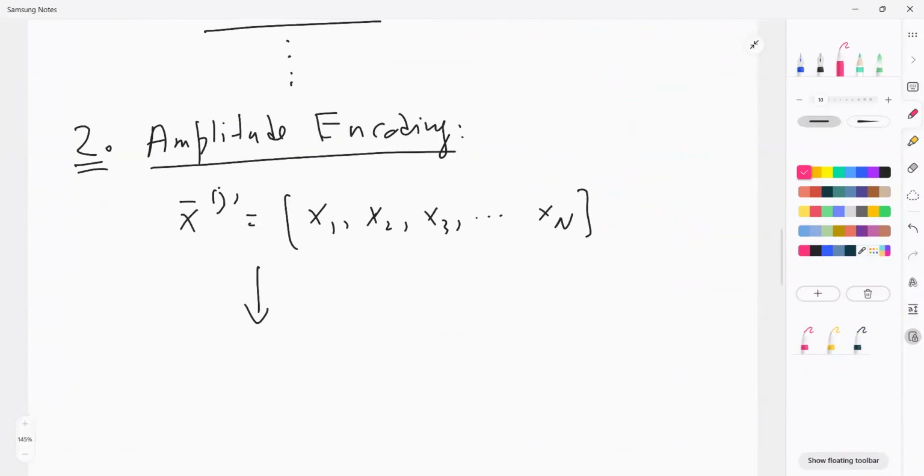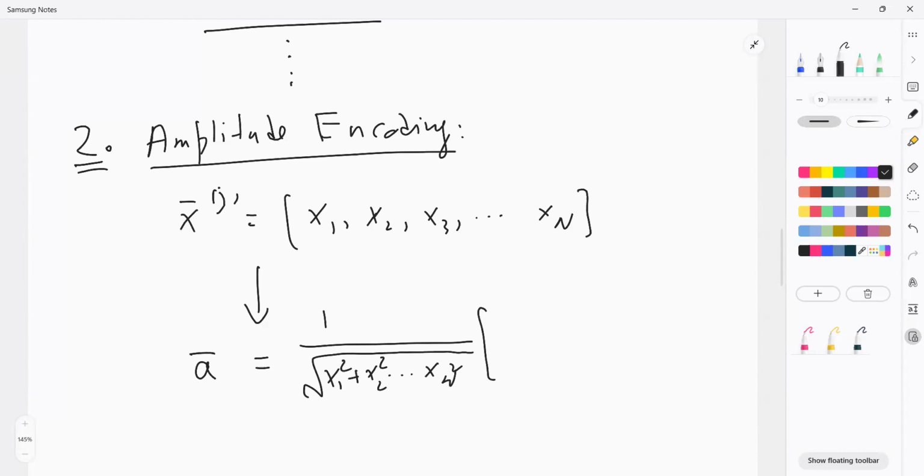However, for the amplitude encoding, we first need to normalize the data so that it can be made the amplitude of a quantum state. So what we do, we prepare another state A, another vector from this by taking the square of all the data points, adding them, taking the square root, and then dividing with it.